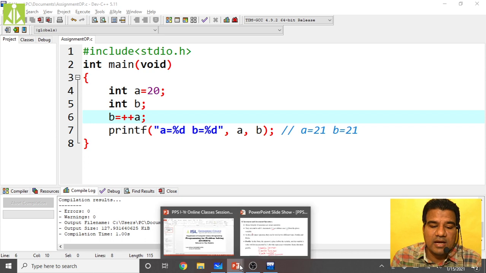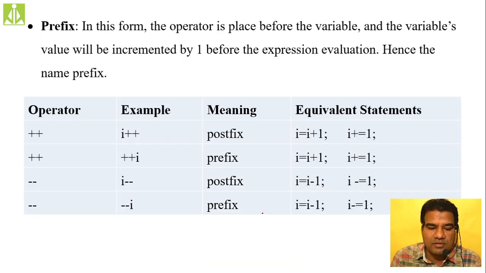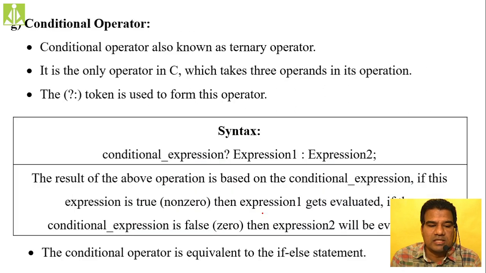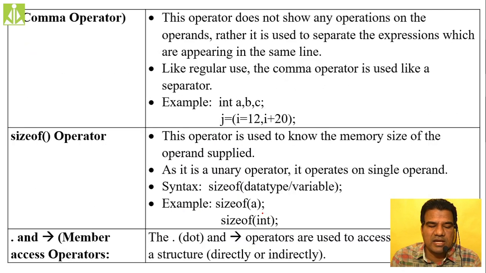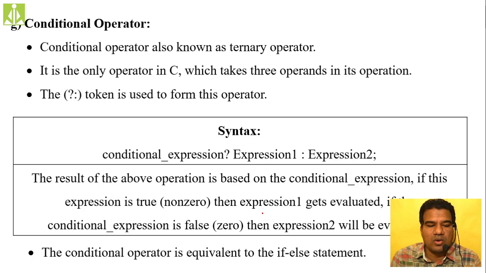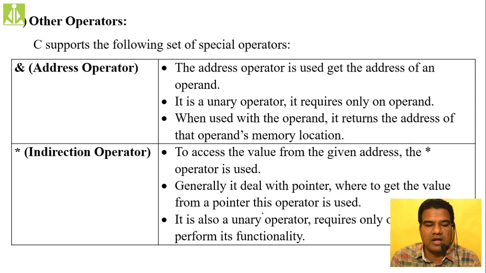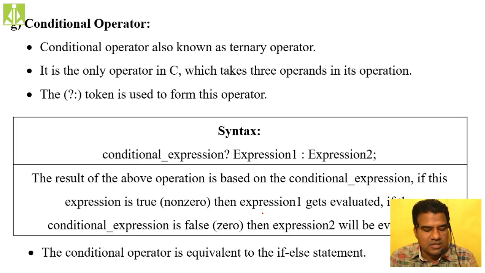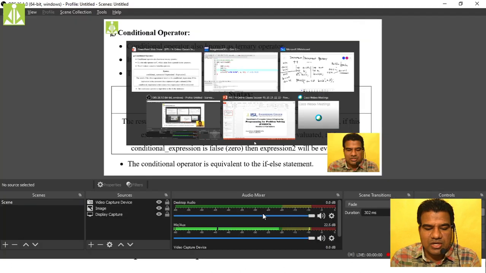Because I think the conditional operator will take more time, after explaining postfix decrement and prefix decrement, I will wind up my class here itself. The conditional operator and other operators will take another class.